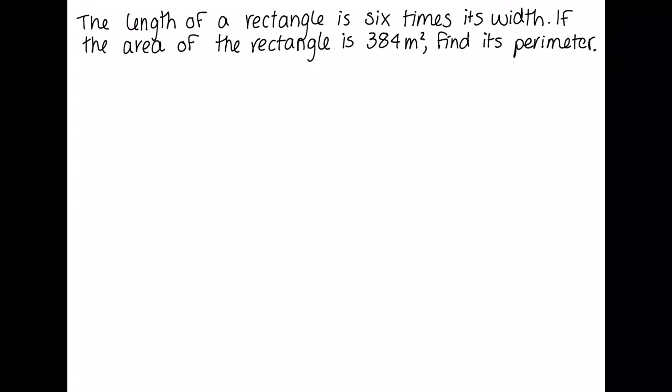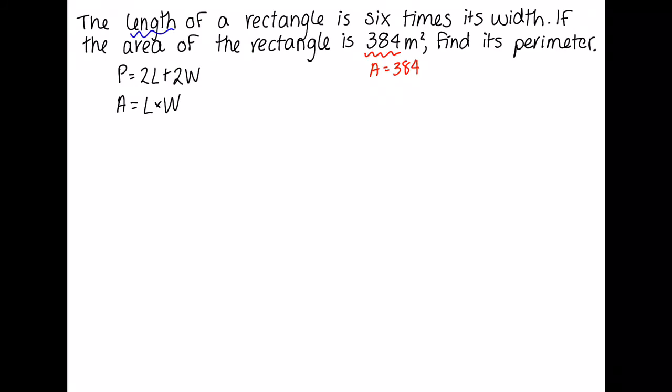Again, we're going to need the two formulas we talked about before. We need to know that the perimeter is equal to 2L plus 2W, and we need to know that the area is going to be length times width. In this case, we were given the area, and you're also given some information about the length of the rectangle.